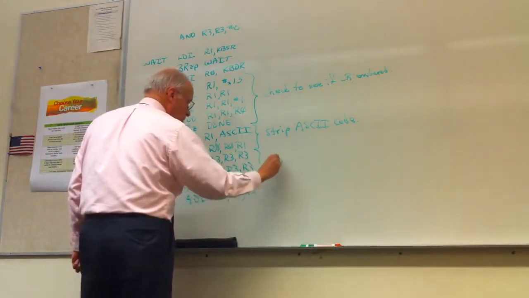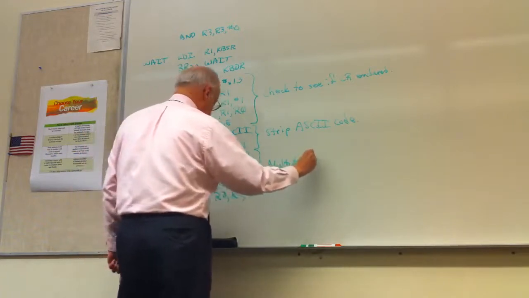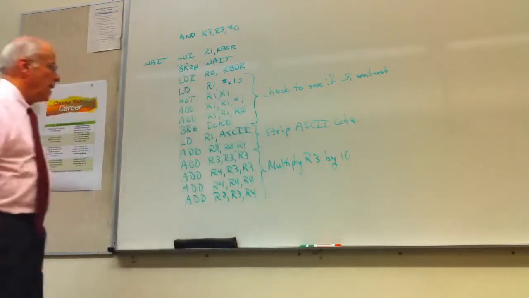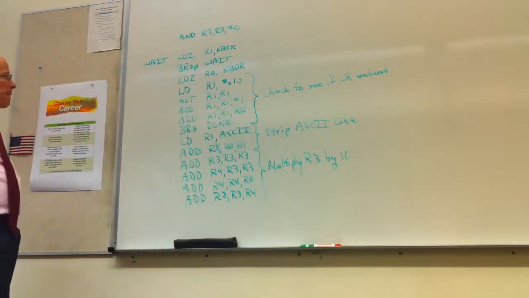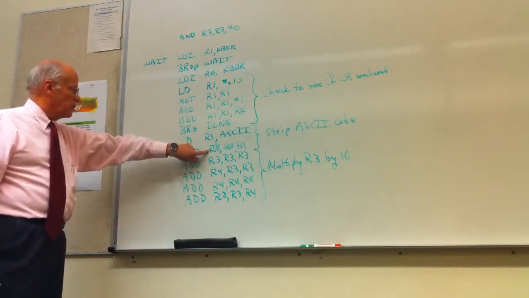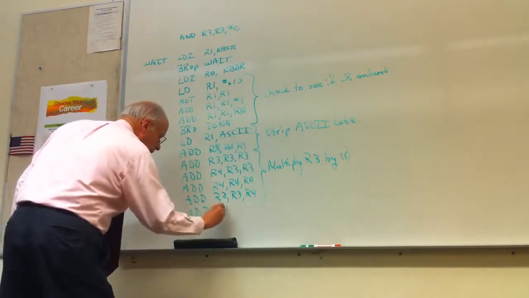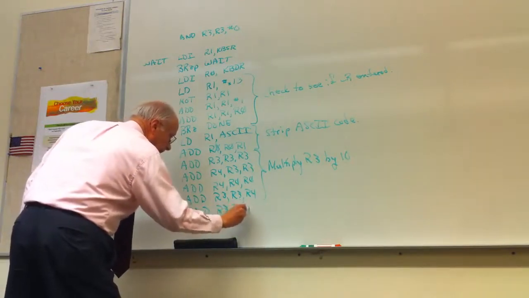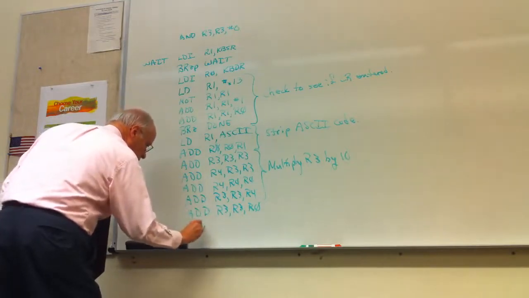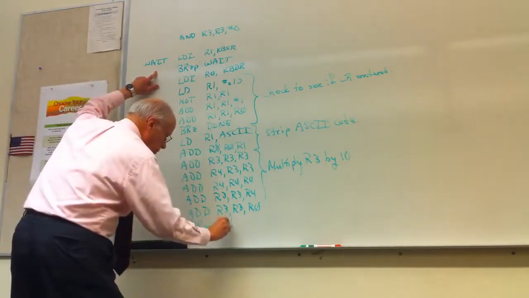The net result here is to multiply register 3 by 10. Now my digit that I just got in is in register 0, so we will add that on, and now we will do an unconditional branch back up to wait.